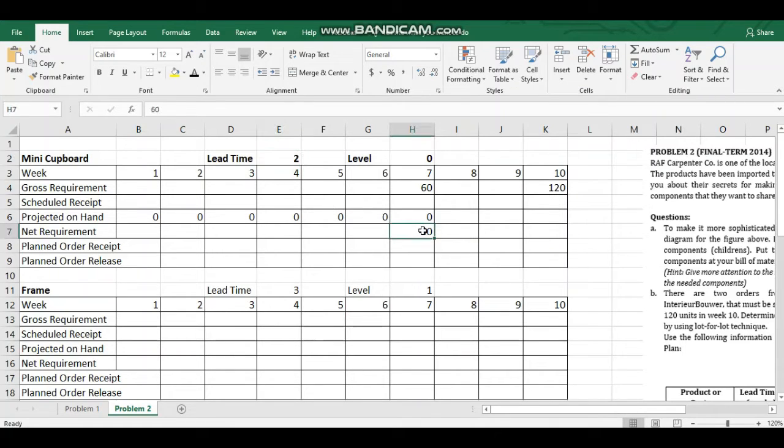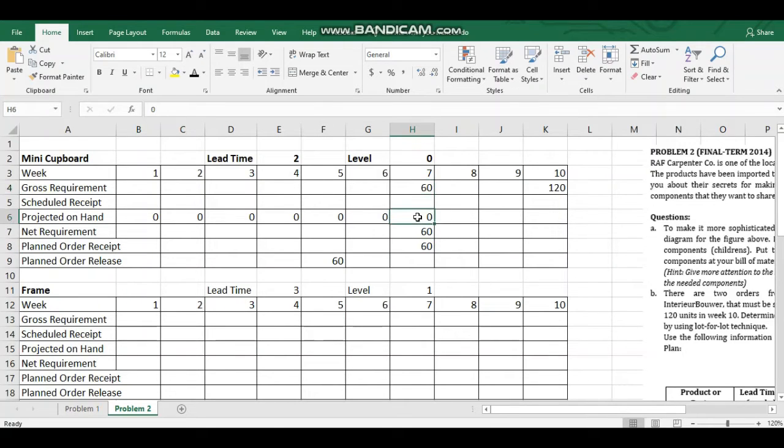We need it in week 7, so we order it in week 5. Okay, 7 minus 2, so it's supposed to be in here. Yes, we place the order here in week 5, so it will arrive in week 7 in planned order receipt.